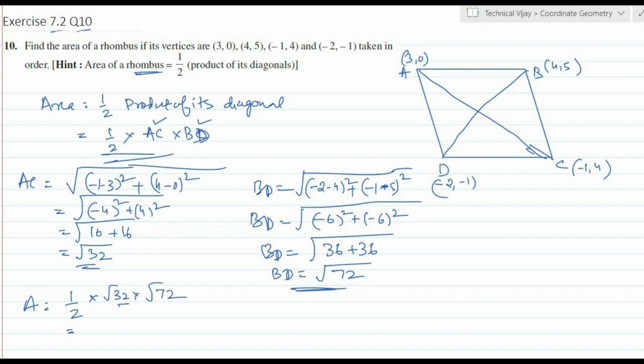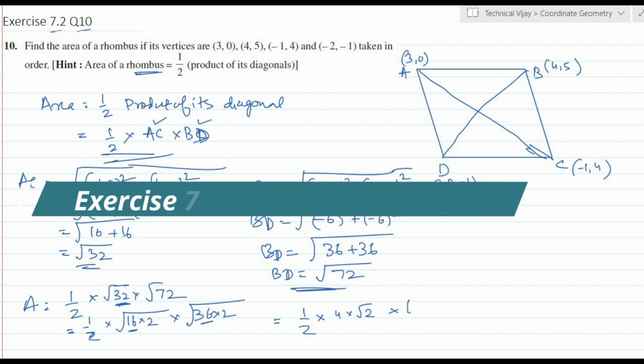Here root 32 can be written as 1 by 2 into root of 16 into 2, into root of 36 into 2. Half of that, 16 can be taken out as 4, that is 4 into root 2, and 36 can be taken out as 6, 6 into root 2.